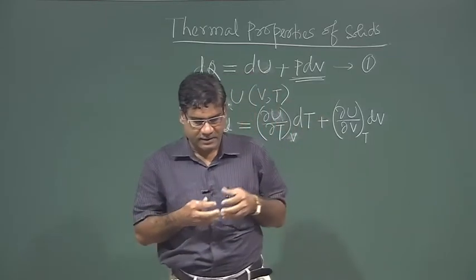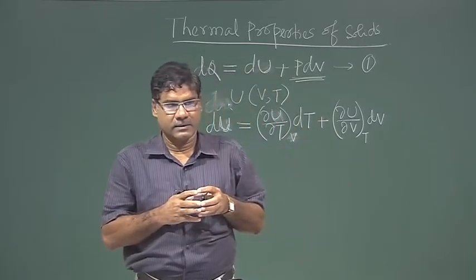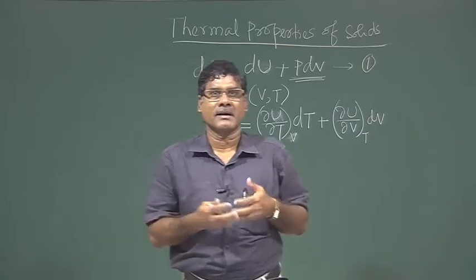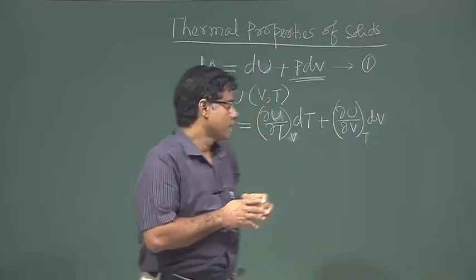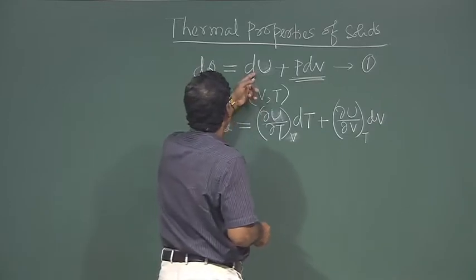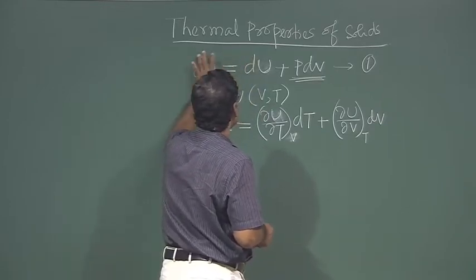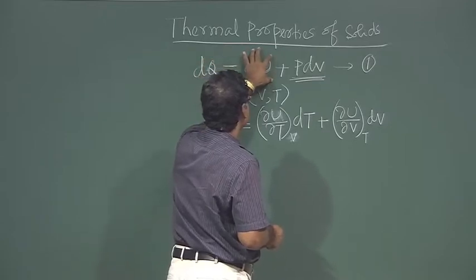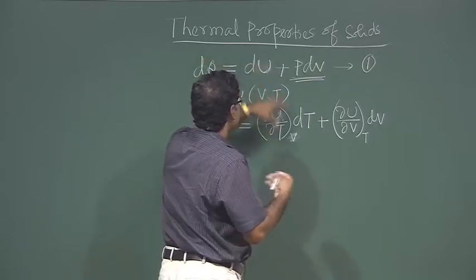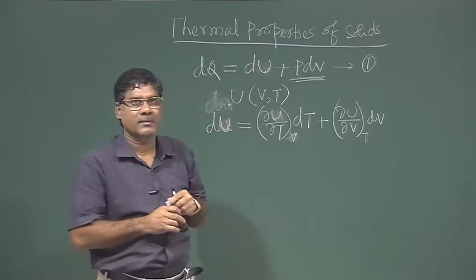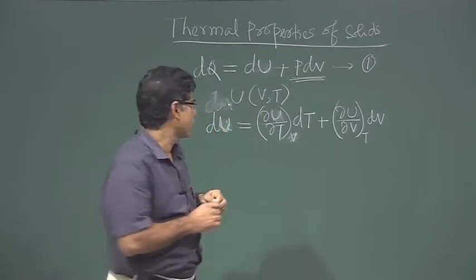Internal energy is basically the potential energy and kinetic energy of the system. So, energy supplied to the system will change its internal energy in terms of the change of kinetic energy and potential energy.